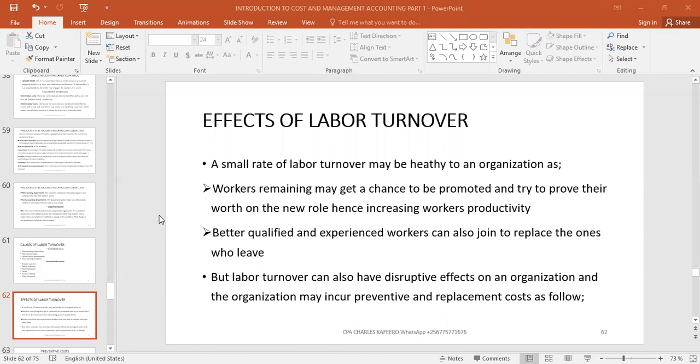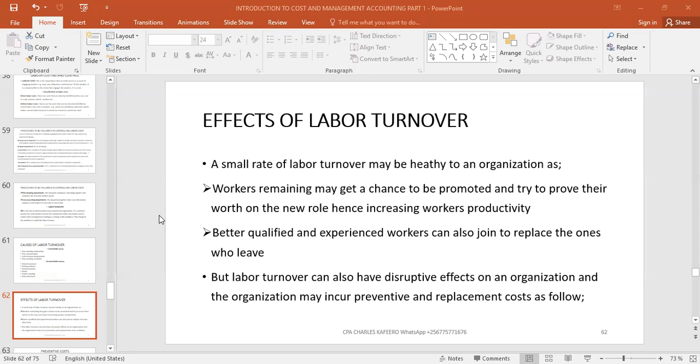But when they insist and they leave the organization because of, let's say, other uncontrollable causes, then we expect to incur more costs on hiring the new applicants and training them, because they don't have any idea of whatever the company may be doing. So we expect to incur more costs, and those are grouped into the preventive costs.